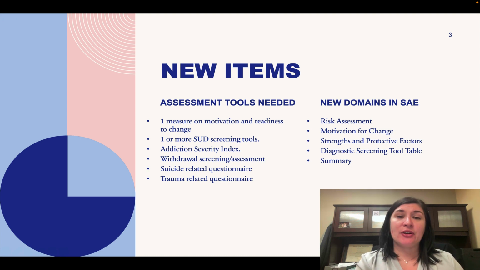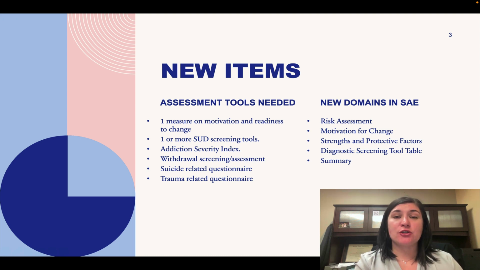And you will need to gather information and use screening tools if there is a risk for withdrawal, suicide-related questions, or trauma-related questionnaires. With all of these screening assessments, you will be adding those to the assessment paper in specific domains. So there is a domain for risk assessment, so you'll want to make sure that you have enough information to elaborate on what the client's risk is.